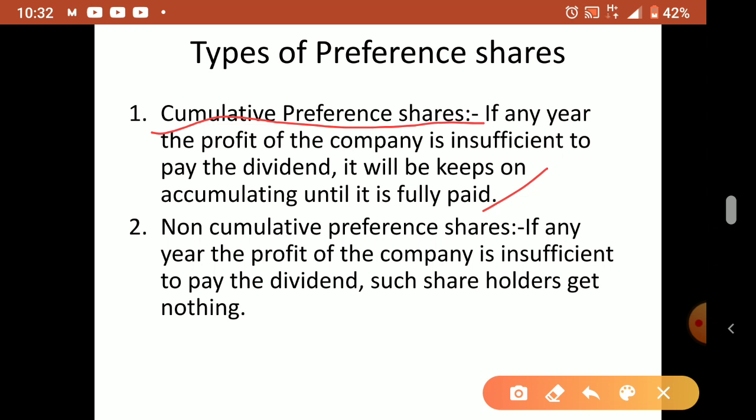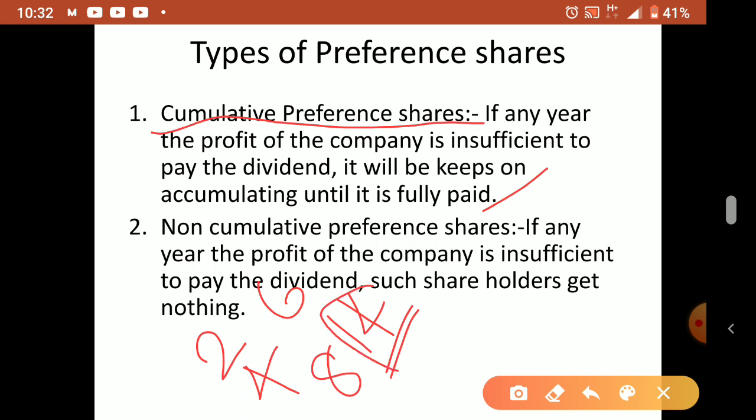So this year 2, next year 4, next year 8. So cumulative: 2 plus 4 is 6, then 6 plus 8 is 14. So like that it will accumulate, and this 14 they will be getting. Okay.